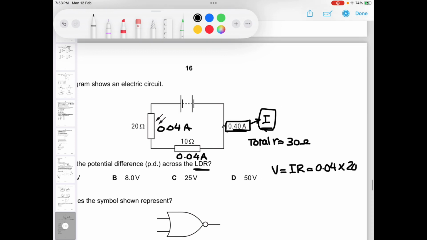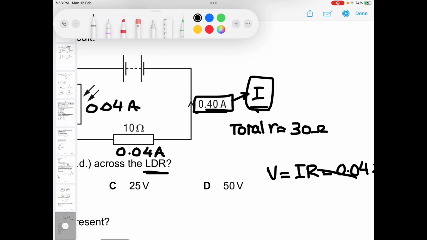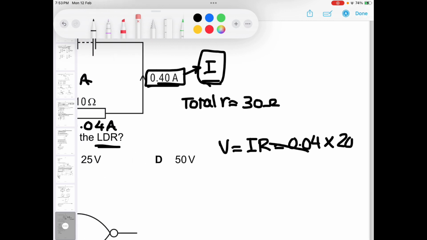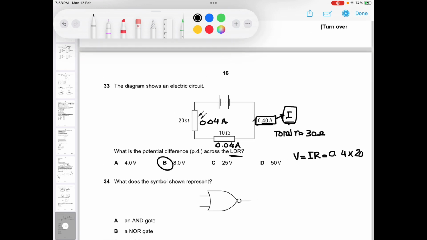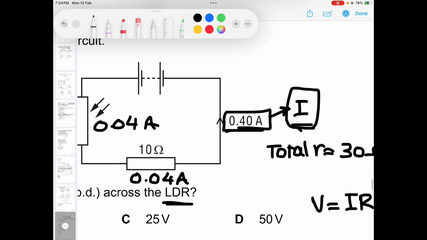Oh, it's 0.4, sorry. 0.4 times 20 is 8. 33 is B as well. This one receives 0.4. This one receives 0.4.